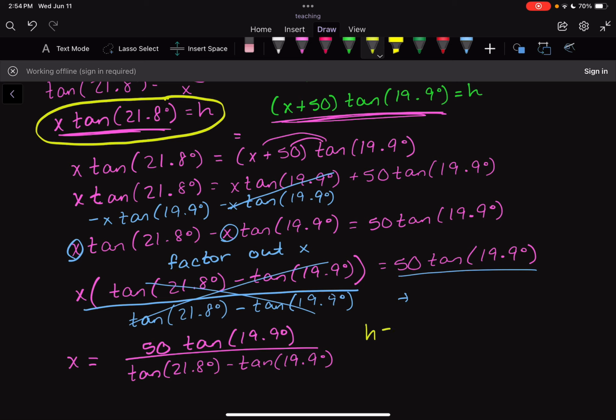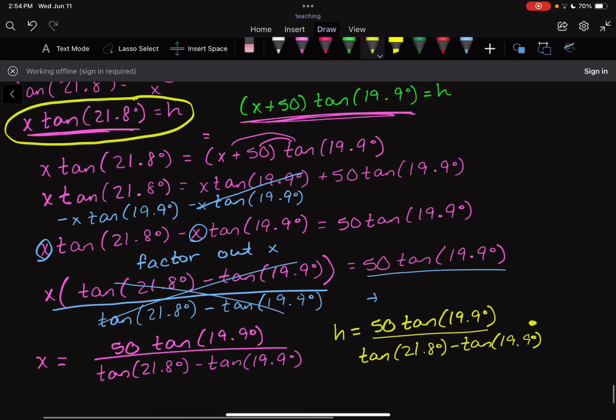So I get h is equal to, I'm going to plug in my x, which is 50 tangent 19.9 degrees divided by tangent 21.8 degrees minus tangent 19.9 degrees. And I'm going to multiply this by tangent 21.8 degrees.